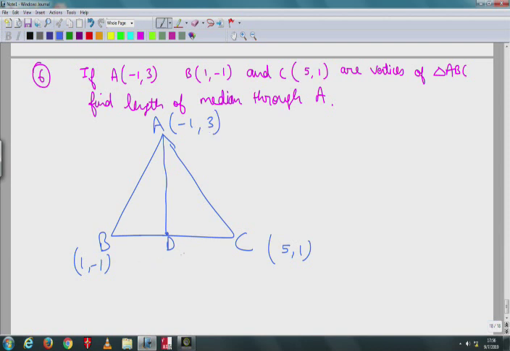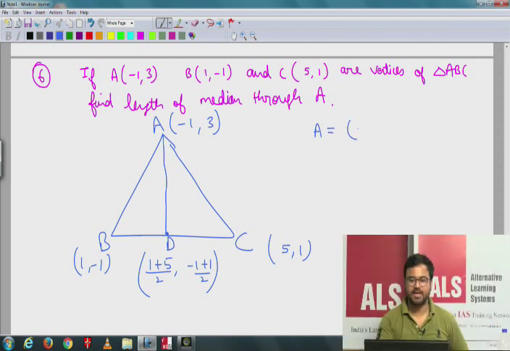So the coordinates of D would be the midpoint of BC: 1 plus 5 divided by 2, comma minus 1 plus 1 divided by 2. So the coordinates of A are minus 1 comma 3, and the coordinates of D are 1 plus 5, which is 6 upon 2, which is 3, and this would be 0.